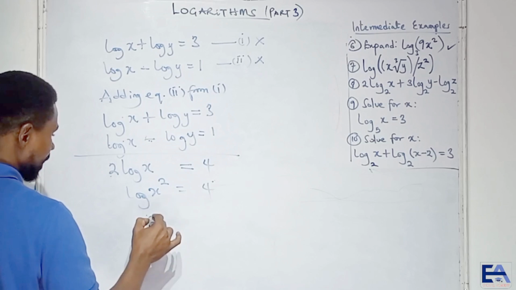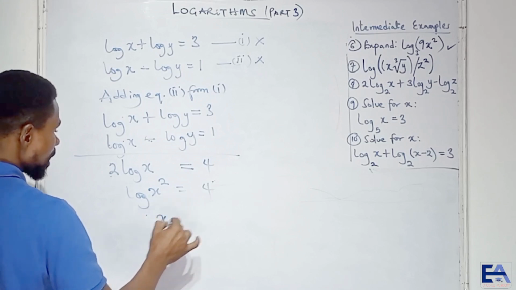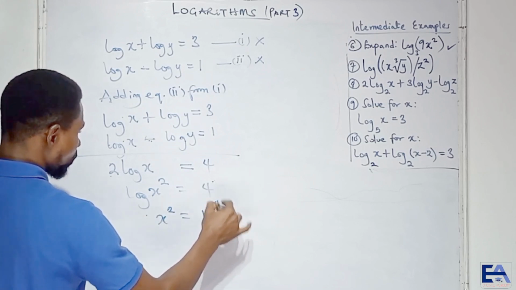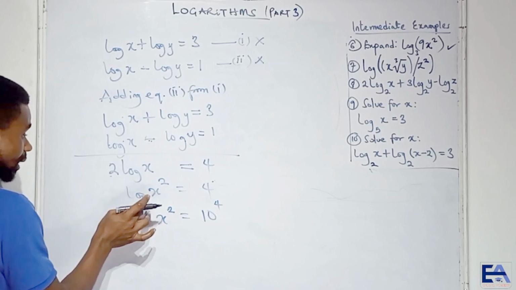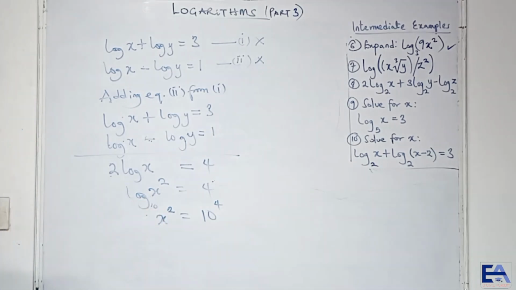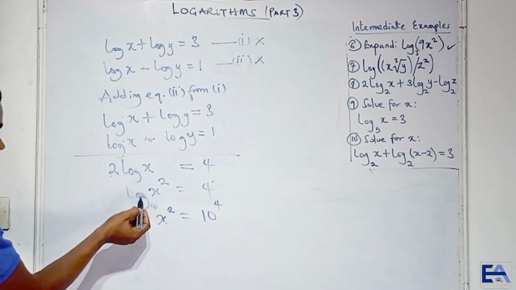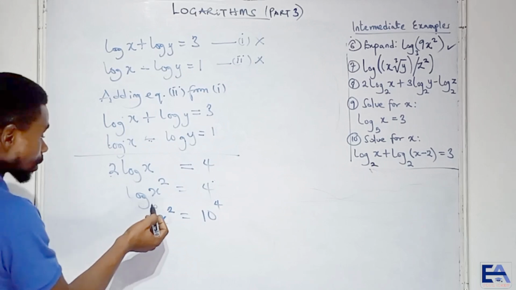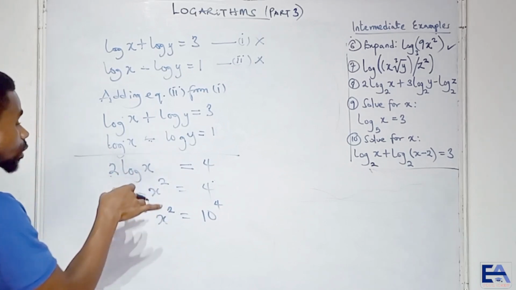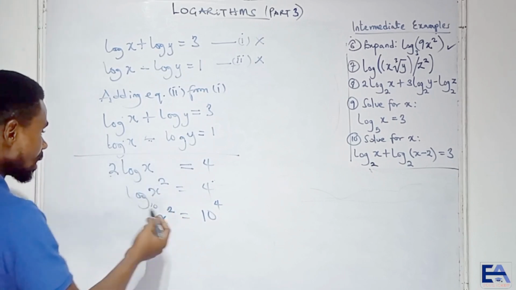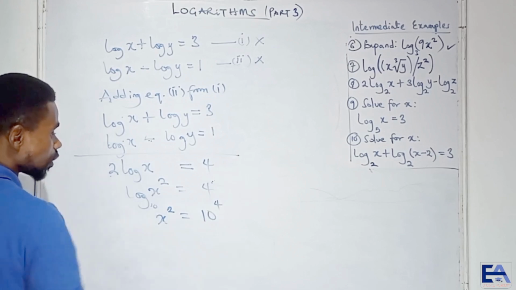So you can just have it as x raised to power 2 is equal to 10 raised to power 4, knowing fully well that writing ordinary logarithm simply means it is to base 10. If it was not base 10, the base would have been written. But since it was not written, you assume that it is to base 10, and then that 10 will carry this power of 4.